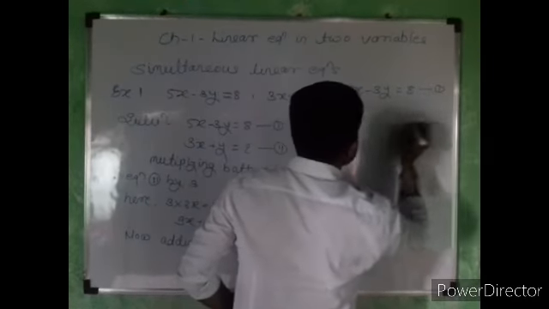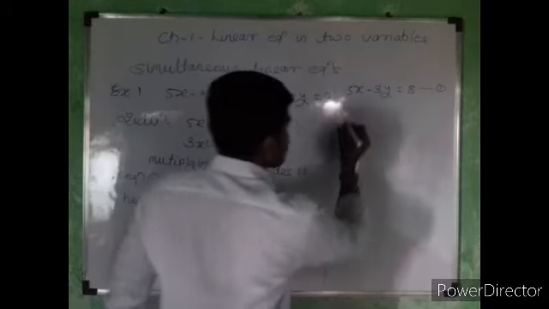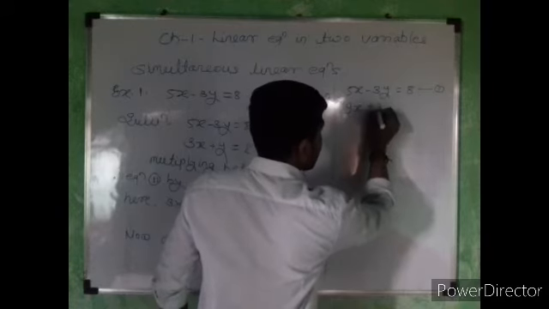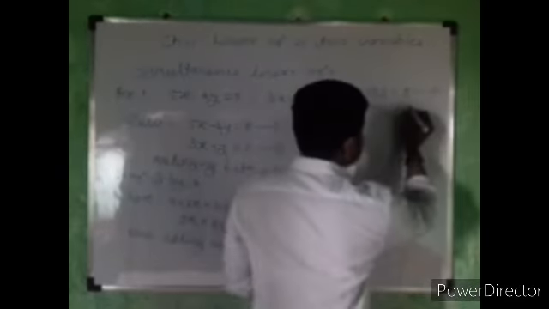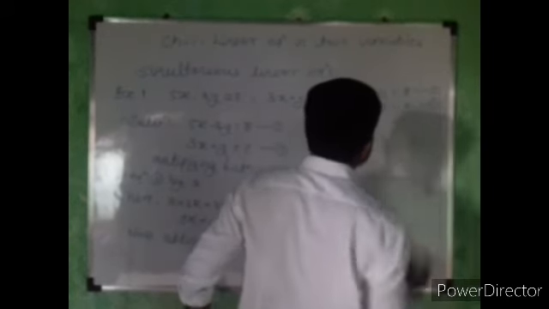This is equation first, and our third equation is 9x plus 3y is equal to 6, equation number 3.